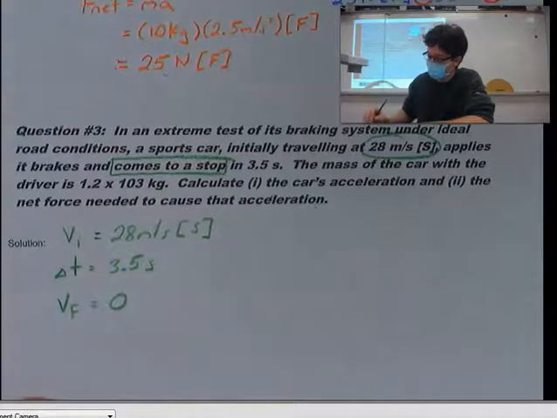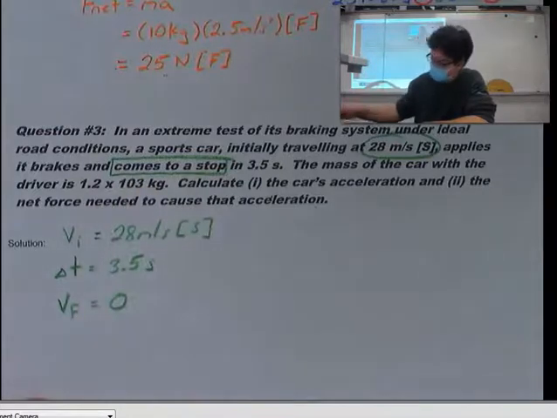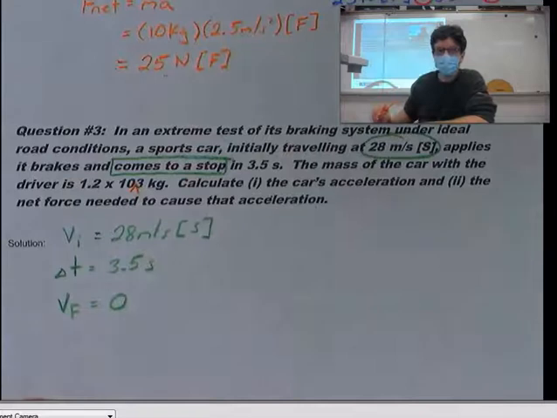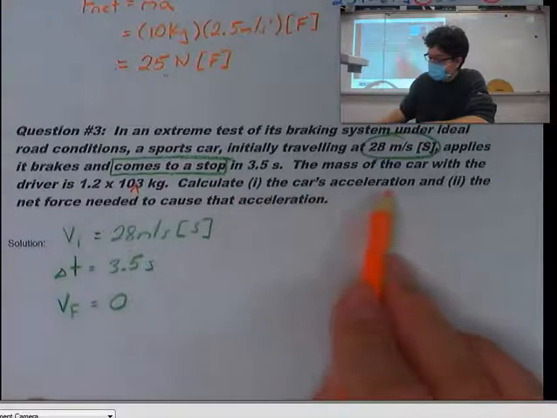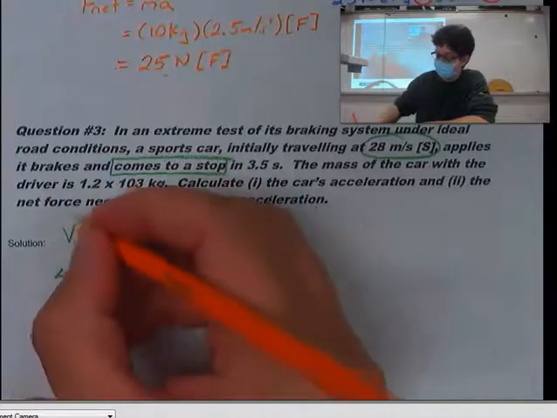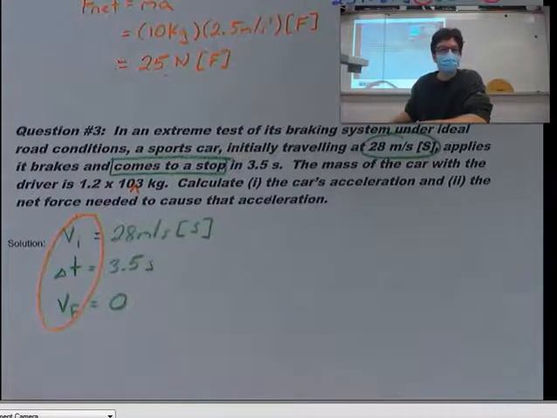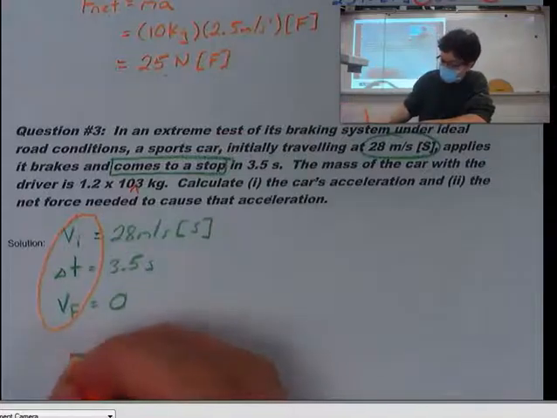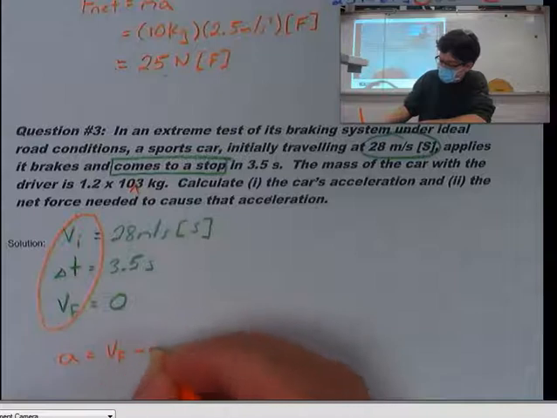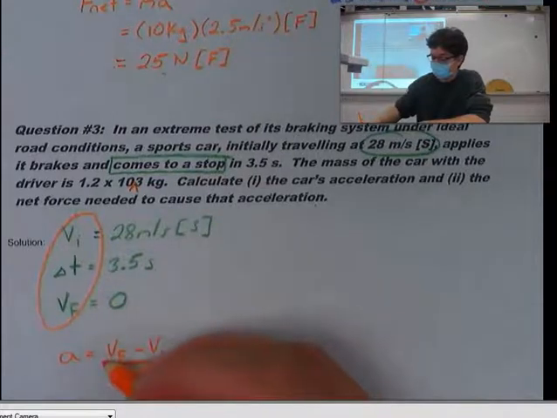It says the mass of the car is 1.2 times 10, that should be to the power of 3, so times 10 to the power of 3. Calculate the car's acceleration, and then the net force. So when we're trying to calculate acceleration, we can just use our equation for acceleration that we learned in the previous unit. A equals VF minus VI over time. Because we have everything here, except VF is 0.